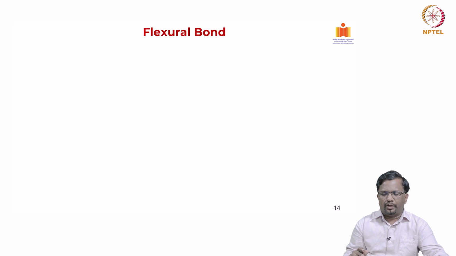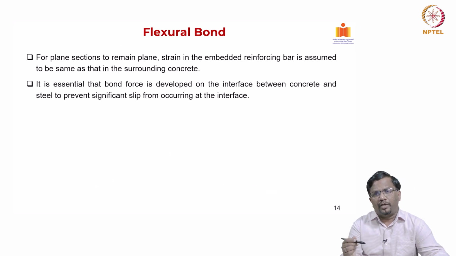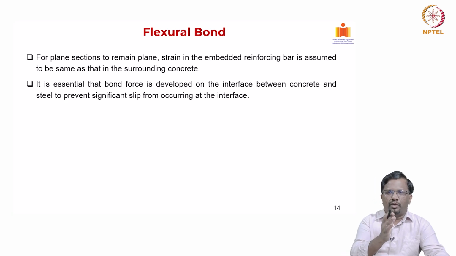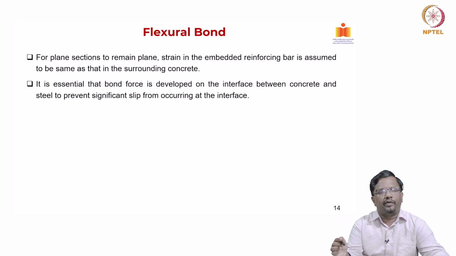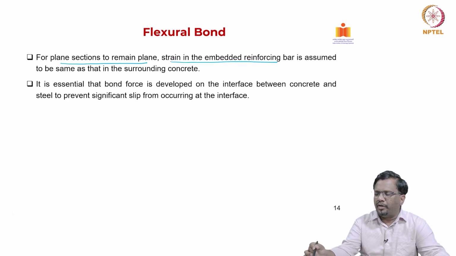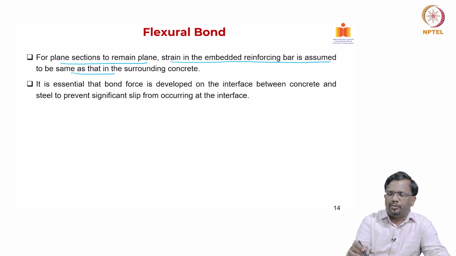Now, in addition to the transmission length, which we call the transfer bond, you also develop, because of the load effects, a flexural bond. Now, what is flexural bond? For plane sections to remain plane, the strain in the embedded reinforcing bar is assumed to be the same as that of the surrounding concrete.